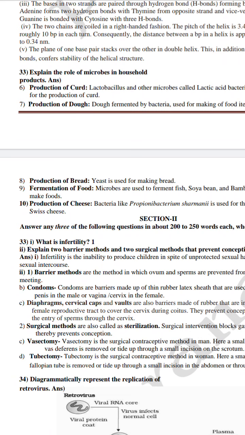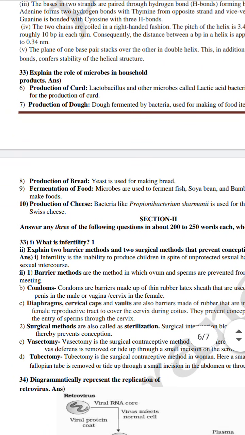And students, this is from the chapter microbes in human welfare. So this is a very interesting concept. As we know, microbes we are using every day in our daily life. We have to write the concept very clearly point-wise by giving subtitles, subheadings.